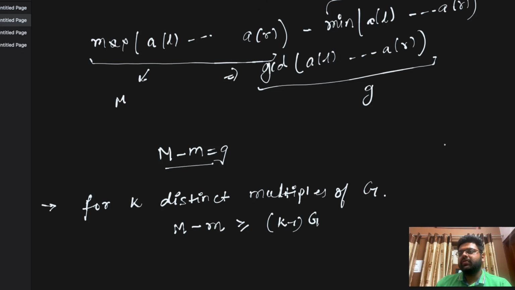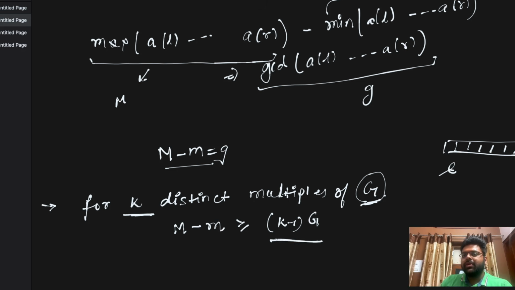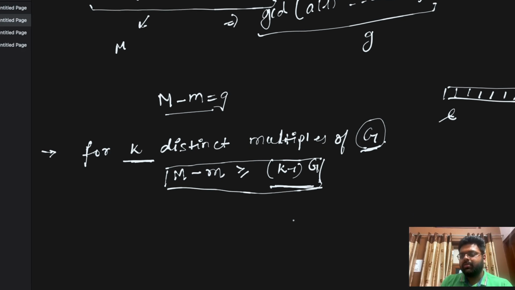Because if we are talking about some subarray L to R and their GCD is G, it means every element here would be divisible by G, right? So if we are talking about k distinct multiples, the net value would be (k minus 1) into G. So my difference, to get at least k distinct values, should be at least this.